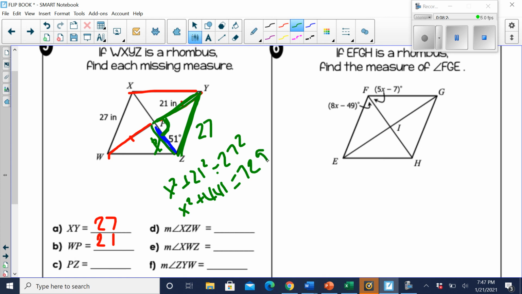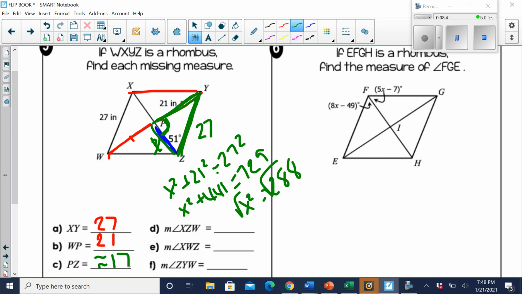From there, I need to subtract the 441, and I'm left with X squared is equal to 288. My last step would be to take the square root of 288, and it's going to come out to be a decimal. I got 16.97. So for this one, I'm going to say approximately 17.